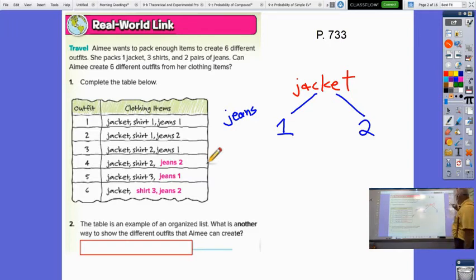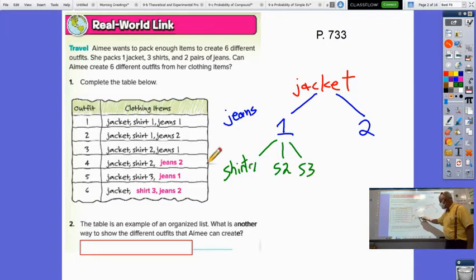Then once you pick the jeans and the jacket, you now have shirt choices. So from each jeans, you have the multiple shirt choices. Shirt 1, shirt 2, shirt 3. Or jeans 1 with shirt 1, shirt 2, shirt 3.